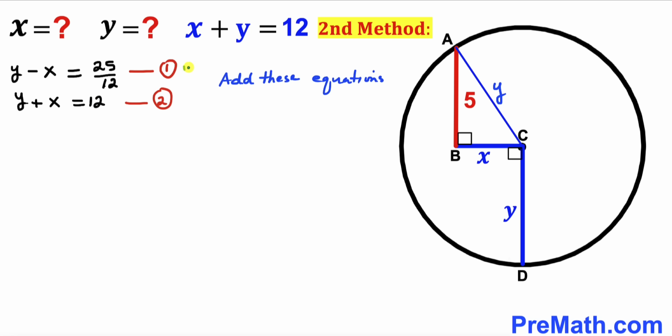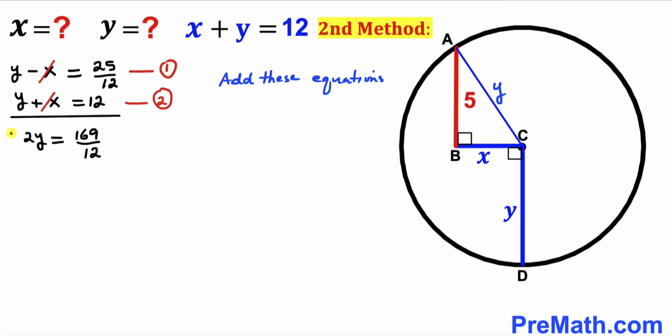And now we are going to add these two equations. And here when we add this positive x and negative x, they are gone. And we are going to add these y plus y is going to give us 2y. And when we add these two numbers, this fraction and this 12, that is going to give us 169 divided by 12.